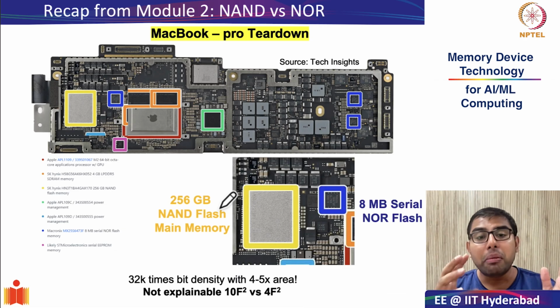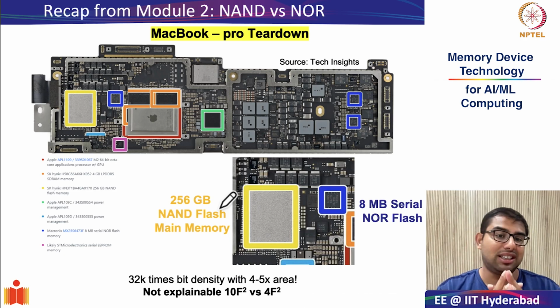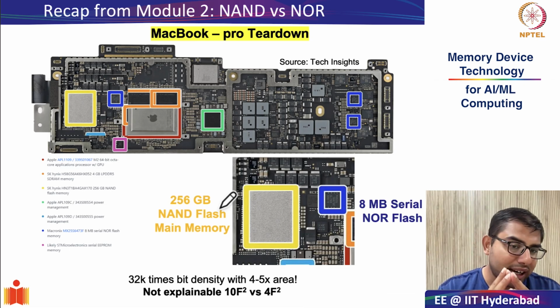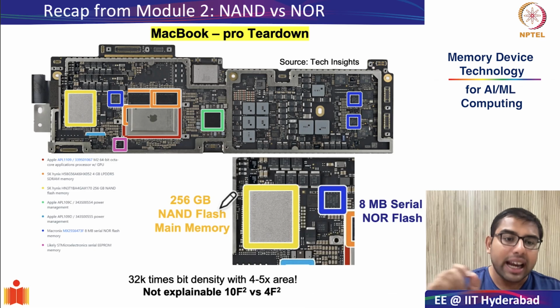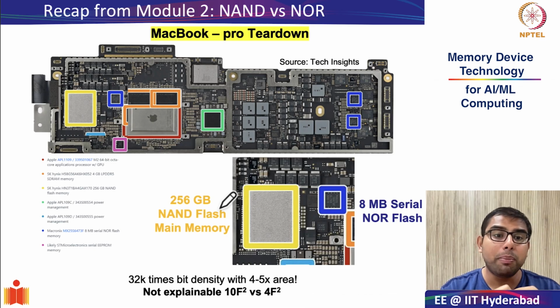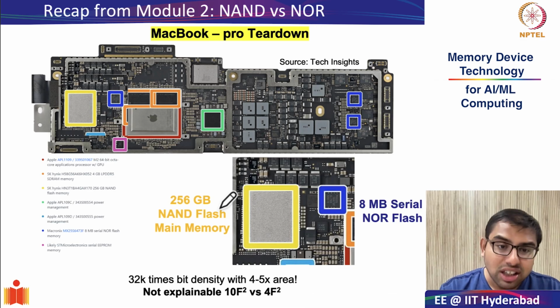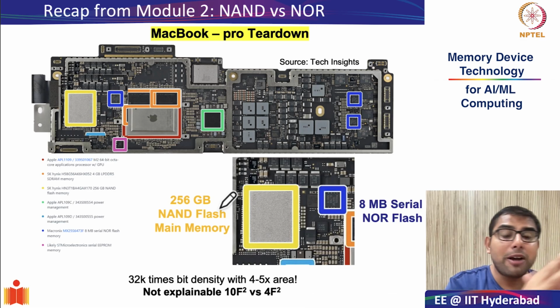What did we study in the previous slide? That the minimum dimensions, or the scalable dimensions, of NOR flash is 10F squared, whereas for the NAND flash it is 4F squared. But this does not explain it. Just 10 to 4 is roughly 2.5 times difference in the area scalability. But in actual chips, we are seeing that this bit density is much larger, several orders of magnitude larger than what is explained by the cell layout.